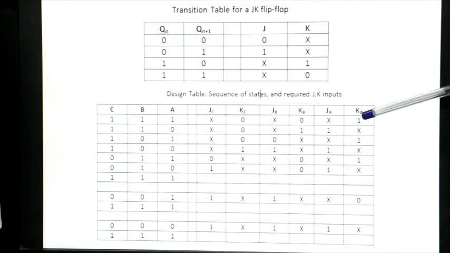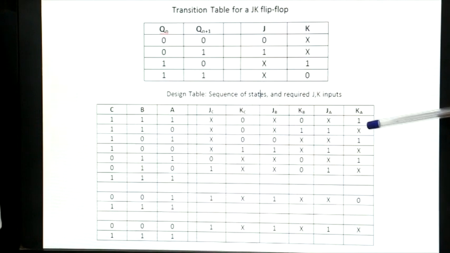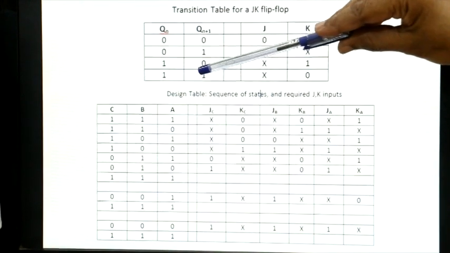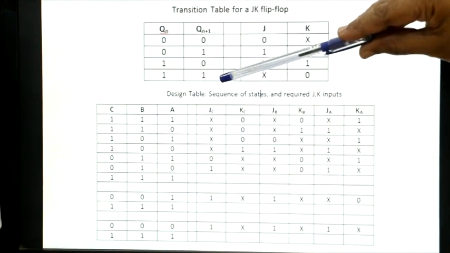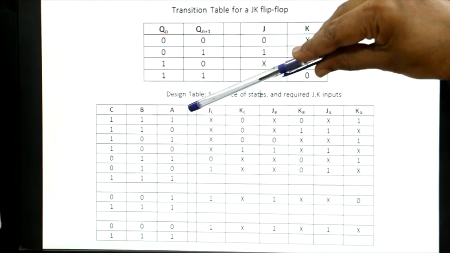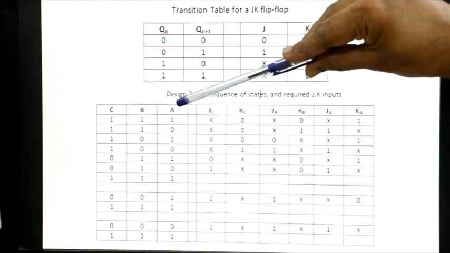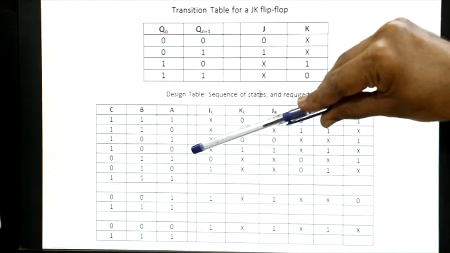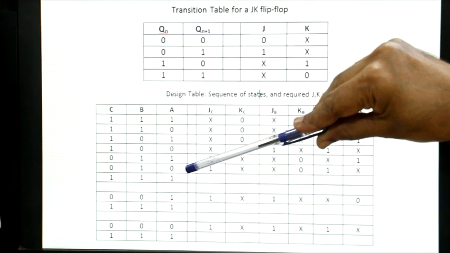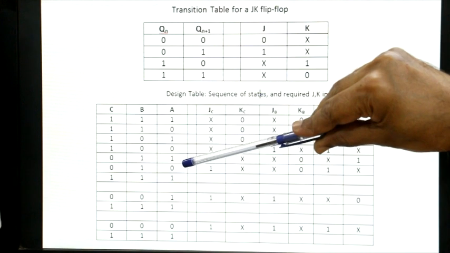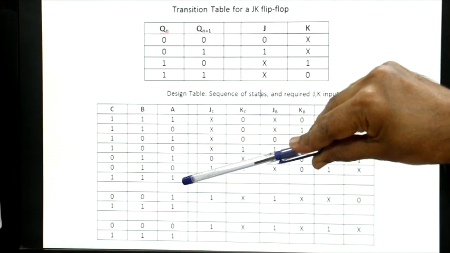So the way we do this, the design table, is we first write at the extreme left 3 columns CBA corresponding to the states, and you write in the sequence of states. Here we have written 111, 110, 101, 100, 011, 010, and then after 010 we want the counter to go back to 111.